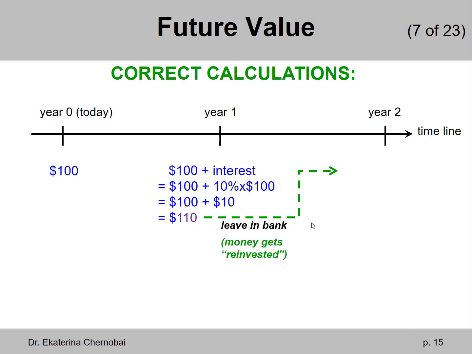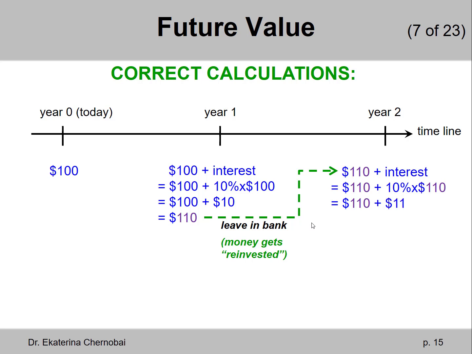So 1 more year goes by, that's the second year on our timeline, and what you will have at the end of the second year is $110 that you had at the beginning of the second year, plus interest, where interest is 10% of $110.